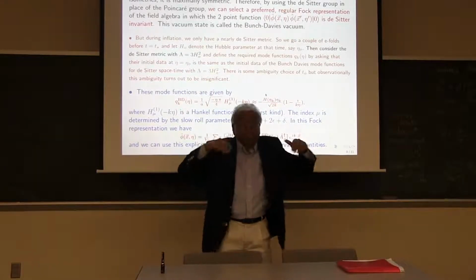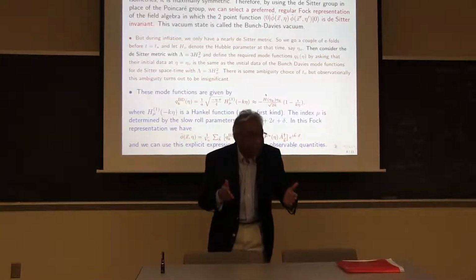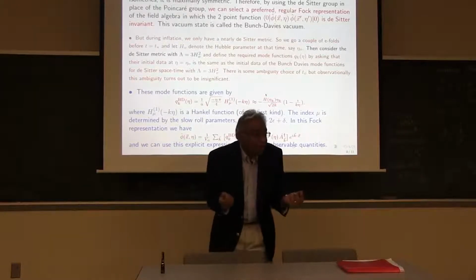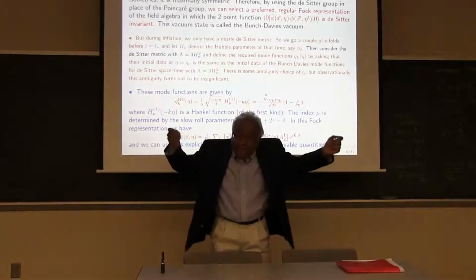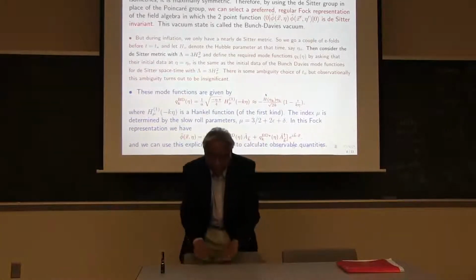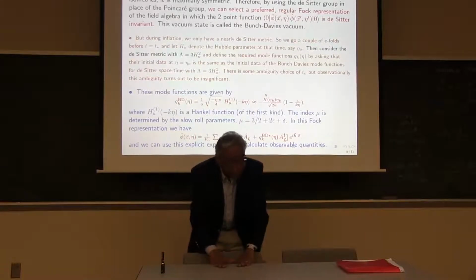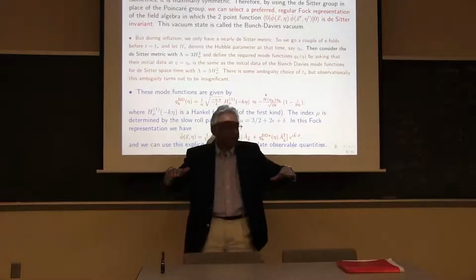parameter changed. But fortunately, if the slow roll is sufficiently slow, then this difference is small and does not make an impact to observations. So one can say, let me choose the Bunch-Davies vacuum tailored to what the space-time geometry is at a given instant of time or a little bit later during inflation.